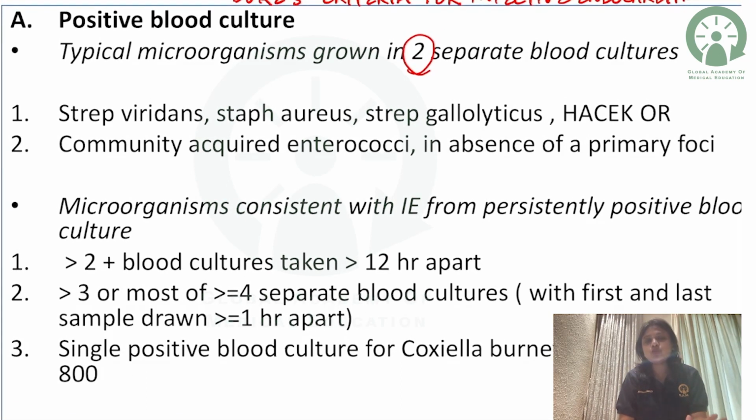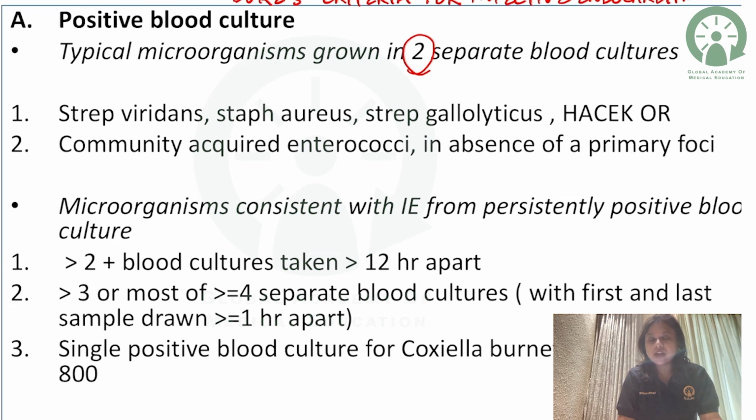So let me tell you, the most common cause of infective endocarditis is Staphylococcus aureus. And the most common organism in IV drug abusers is again Staphylococcus aureus. The right-sided valve is more commonly involved as compared to the left-sided valve. Enterococci is more common after genitourinary or gastrointestinal tract procedures. And the most common organism in prosthetic valve overall is coagulase negative staph.